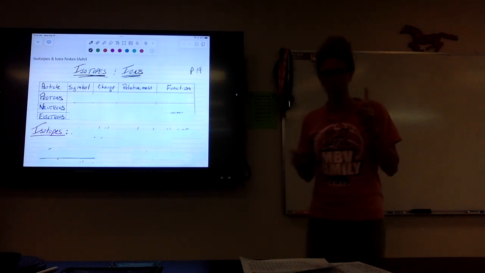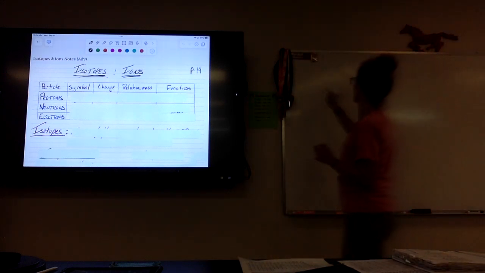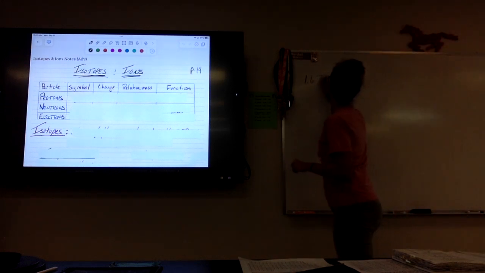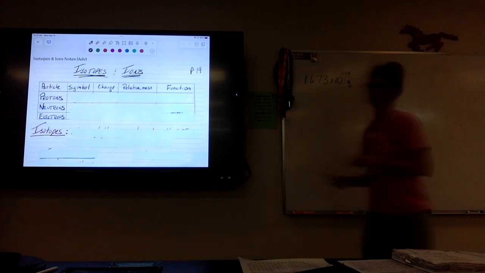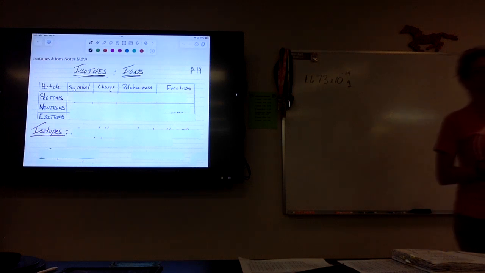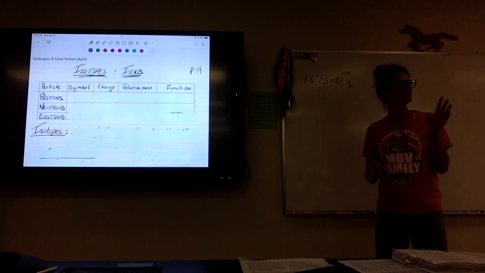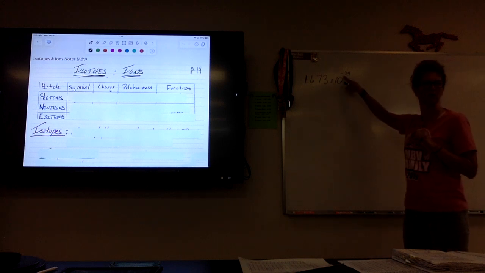So, the actual mass of an actual proton is 1.673 times 10 to the negative 24 grams. So it's just like 0, 0, 0. Now, what does that negative 24 mean? That there's 24 zeros.